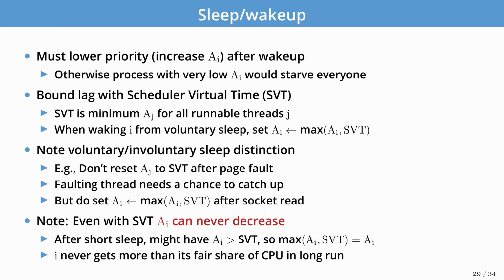When we wake up a program that was voluntarily put to sleep, that program will then be assigned an actual virtual time of the max of its previous actual virtual time and the scheduler virtual time.